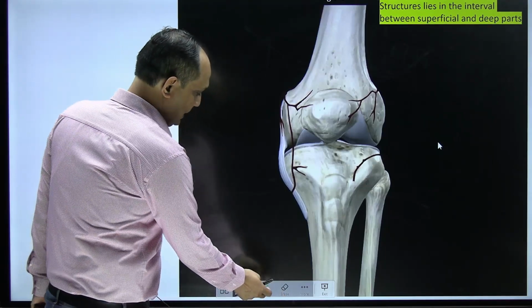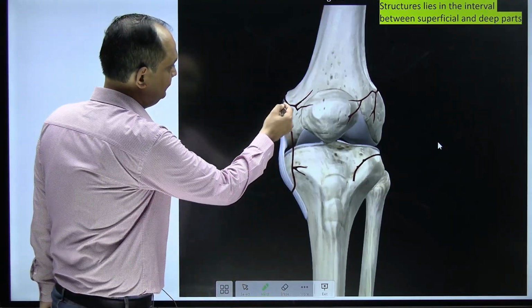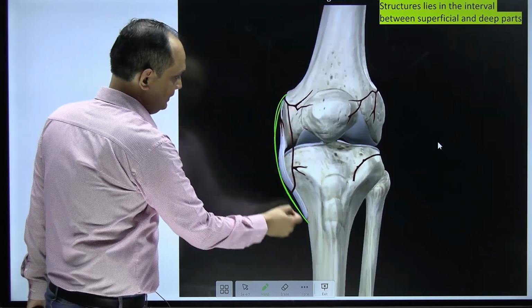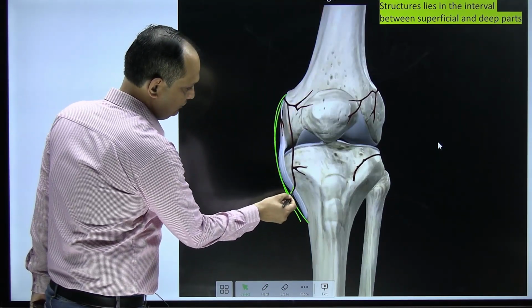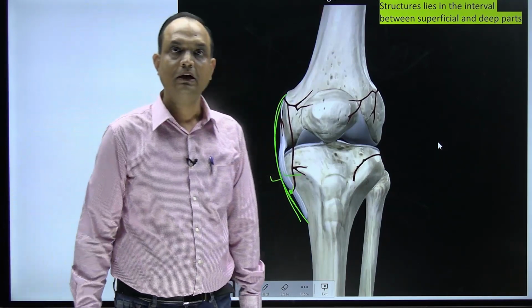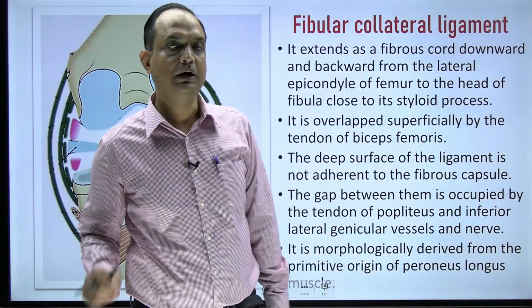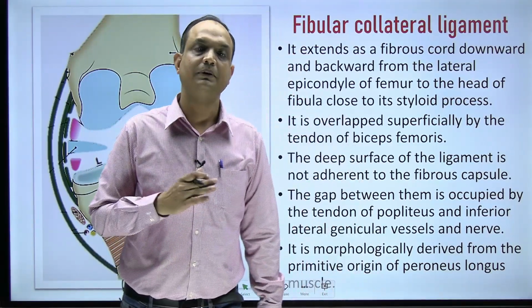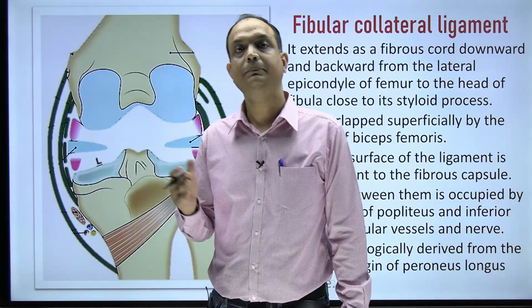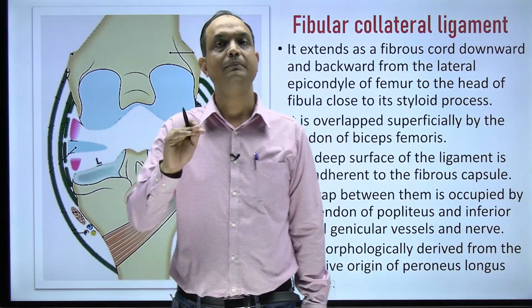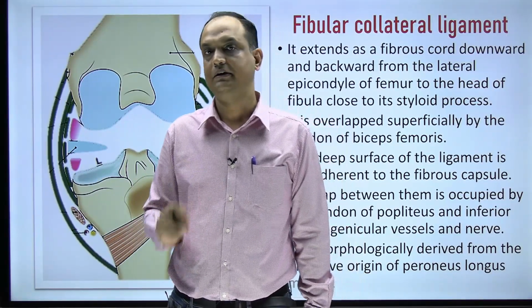So when you draw the superficial part of your ligament, it will come here like this. This artery now comes in between the deep part and the superficial part. Clear? So this is an important thing to understand, which structure lies between the superficial and deep part of the tibial collateral ligament. Your answer is the inferior medial genicular artery and nerve.